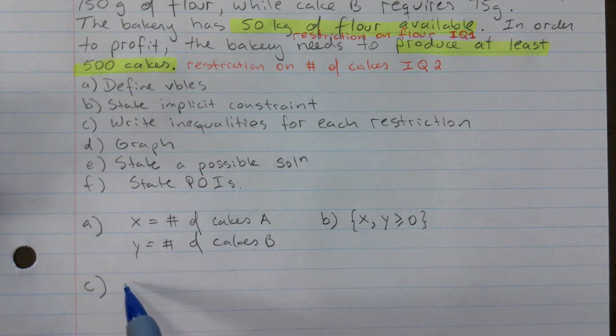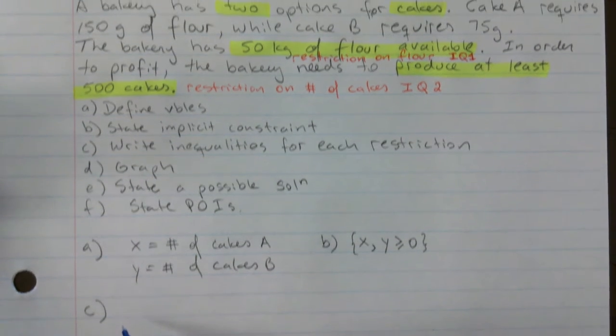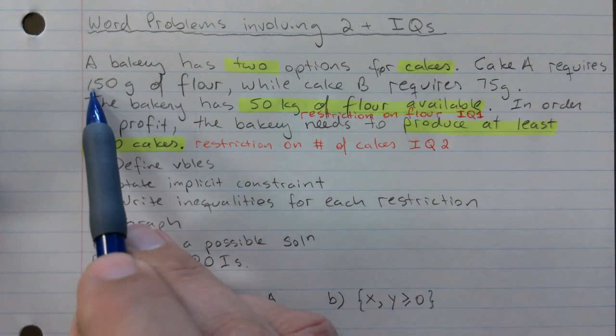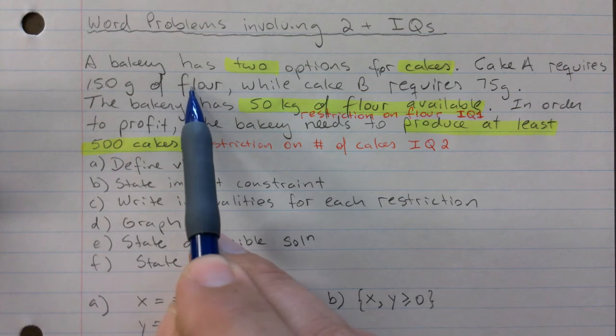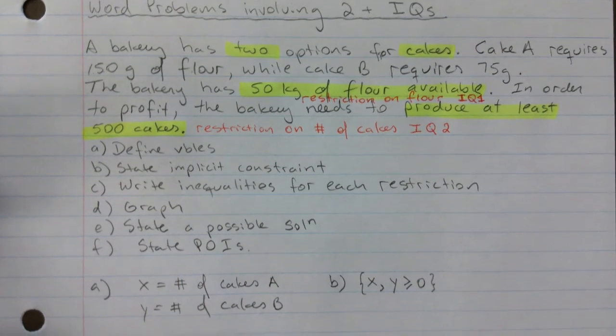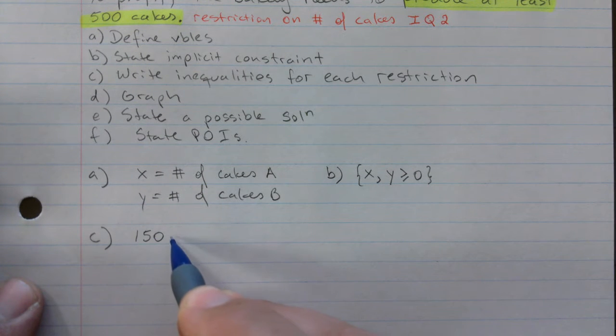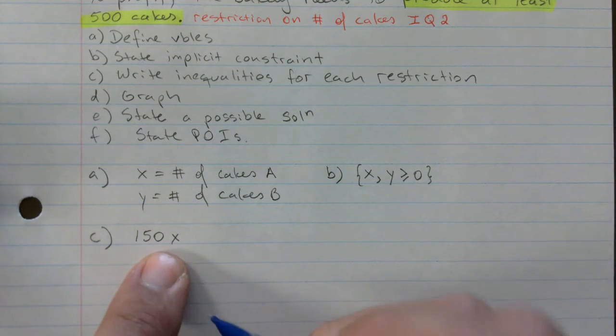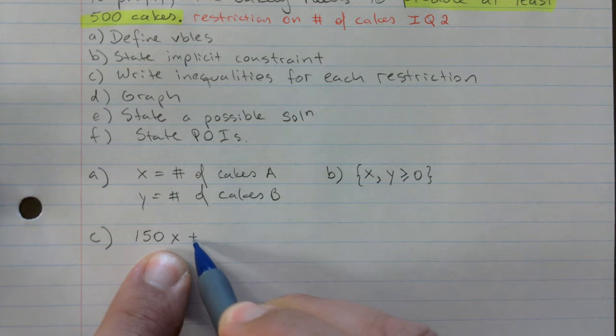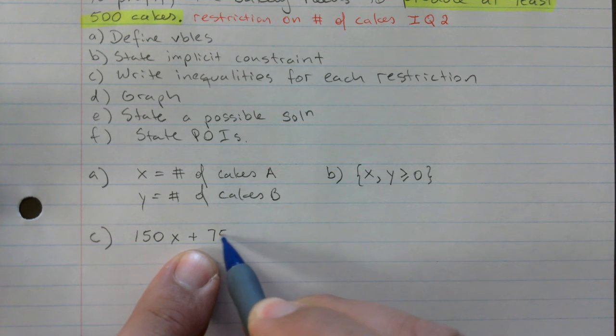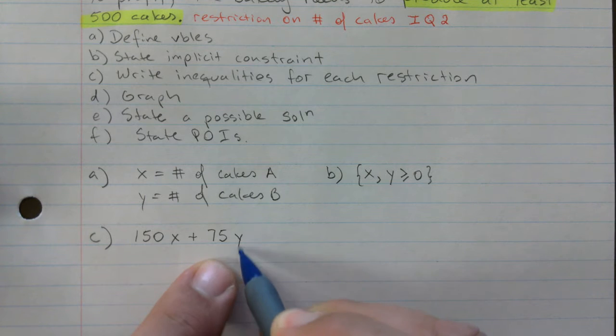For flour, obviously I have to go back to what they're telling me about how much flour is needed per cake, right? So it's all in grams. So I need 150 grams for every cake A, and I need 75 grams for every cake B that I make.